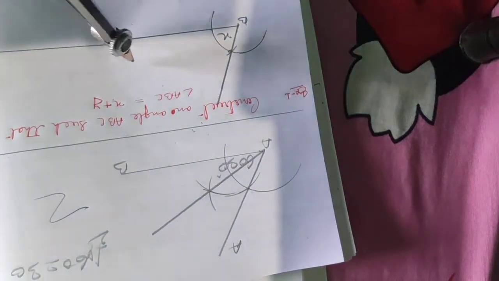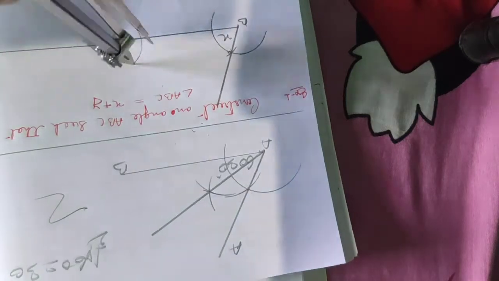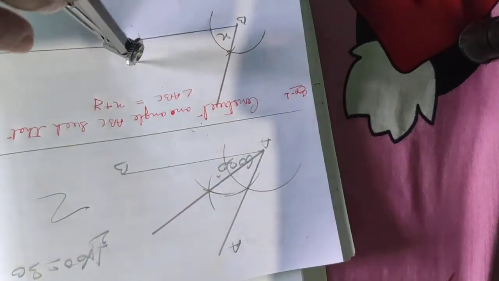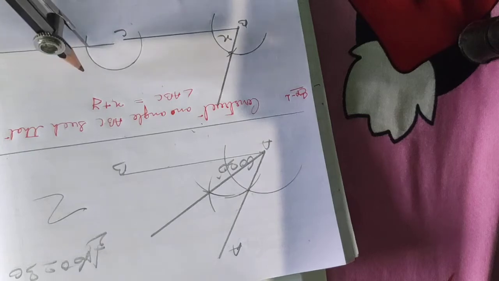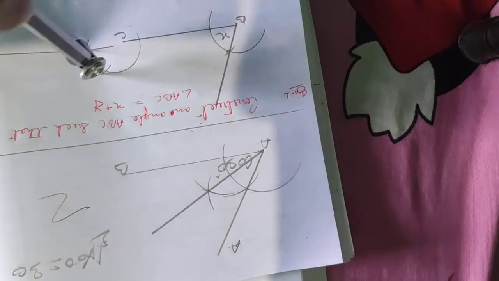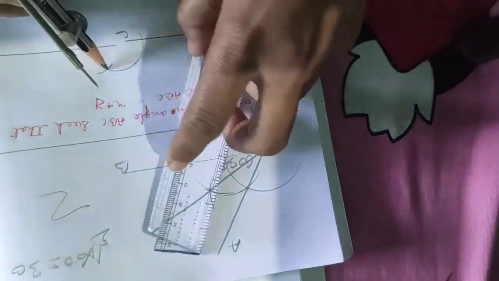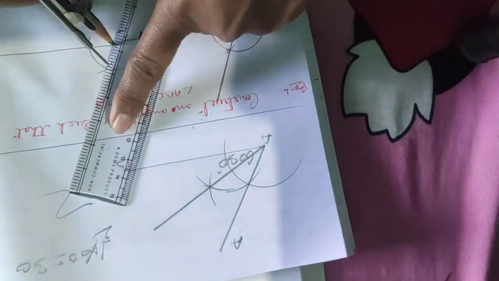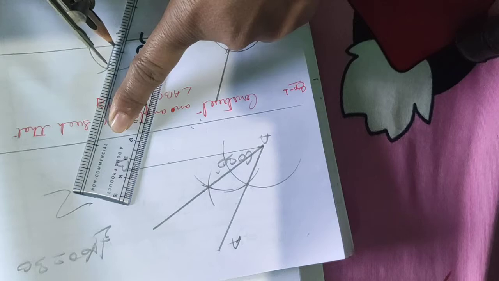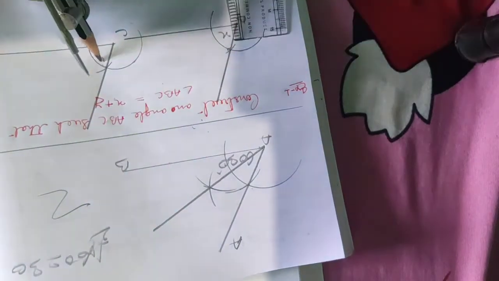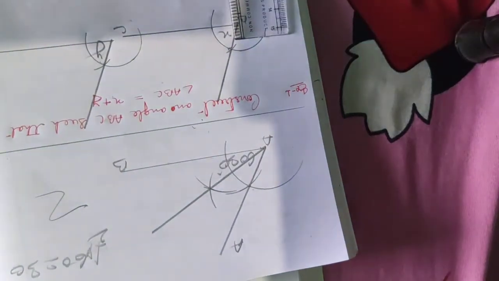Then draw an arc, now put the compass here, cut here, join here, okay. Let this be Y, okay.